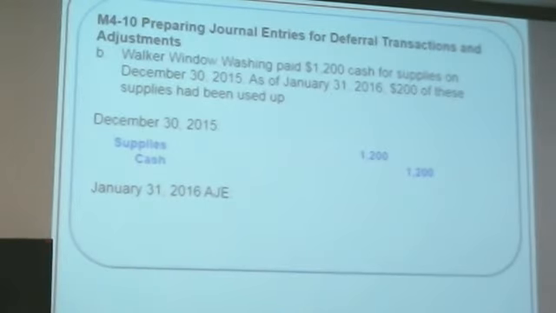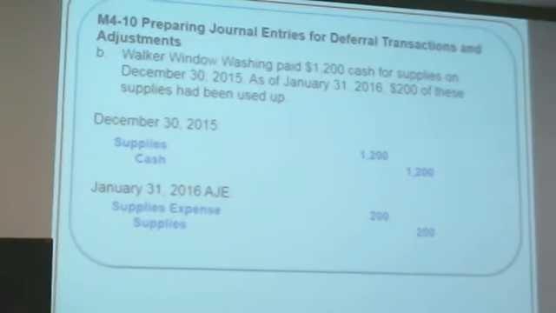Now, after a month, we need to show what has been used, and what has been used goes to our expenses. Okay? So it tells you that $200 of these have been used. So what's the journal entry? Go ahead. You're going to debit supplies expense, 200, and then credit supplies, 200. Yes.